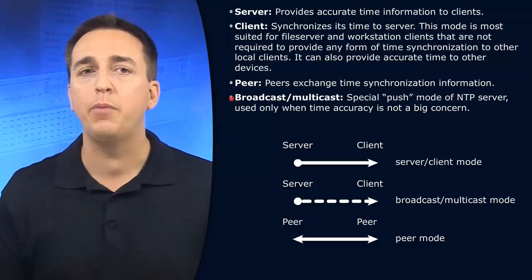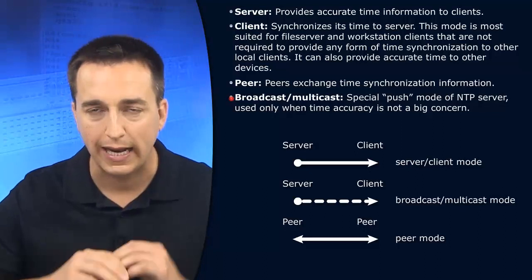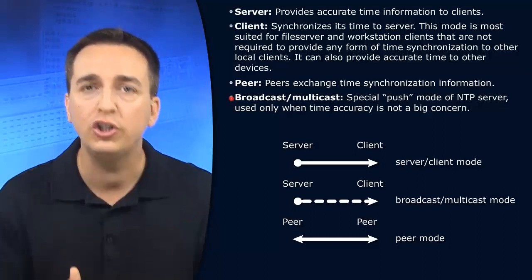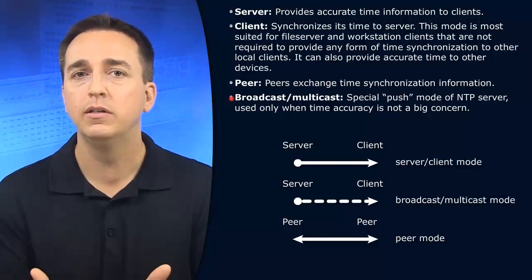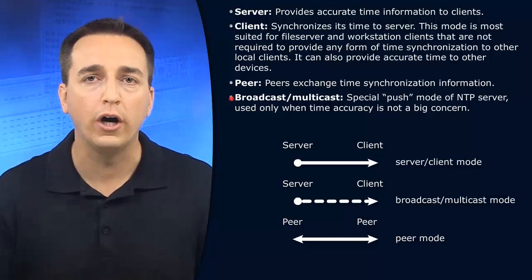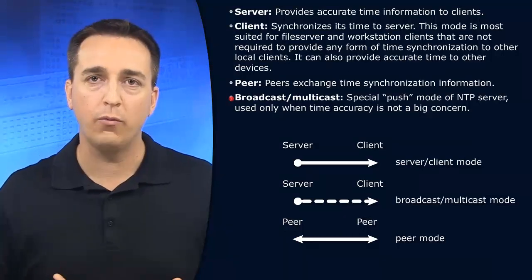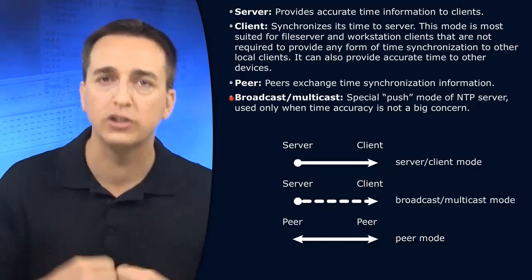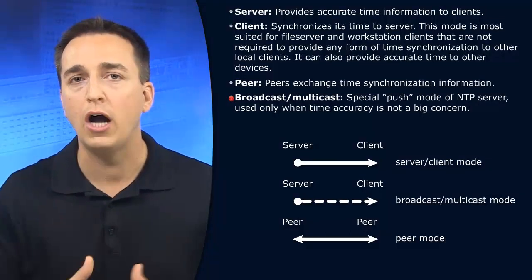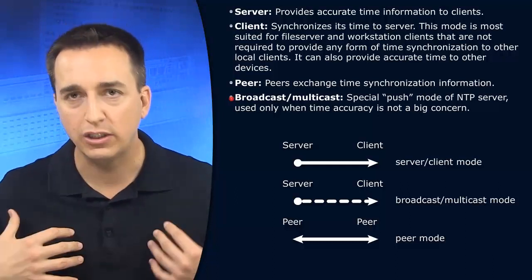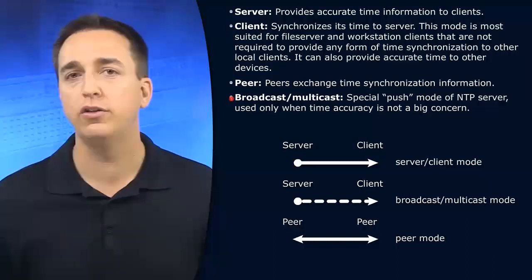However, we could set it up also as a broadcast or multicast type of push model where we have the server pushing out time down to devices. Where would this work? This would work in our local area networks. So you could have your router, your default gateway, your multi-layer switch set up to use the broadcast push model or a multicast push model and just simply push time down to those end stations.